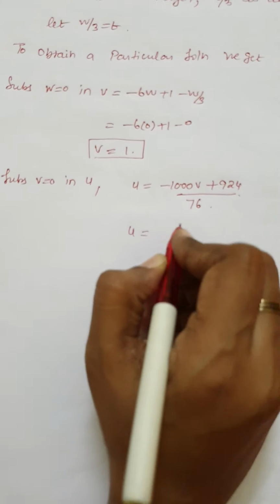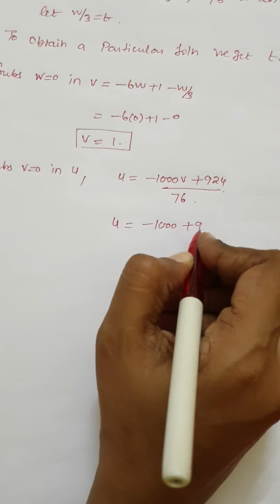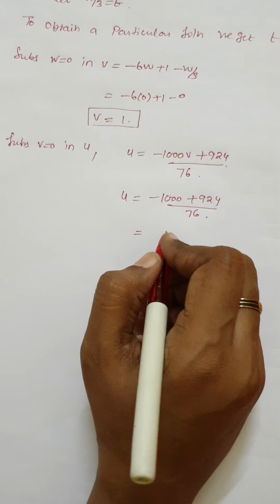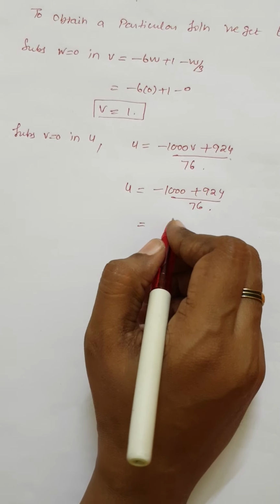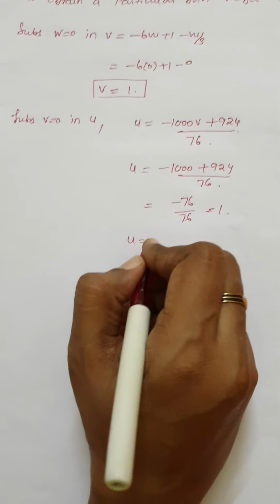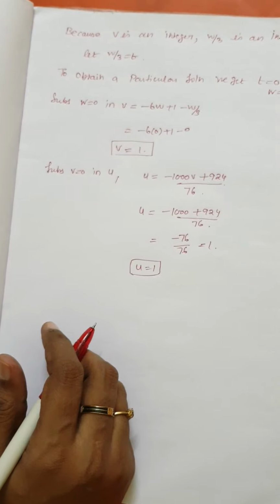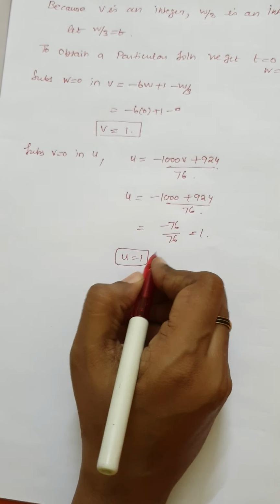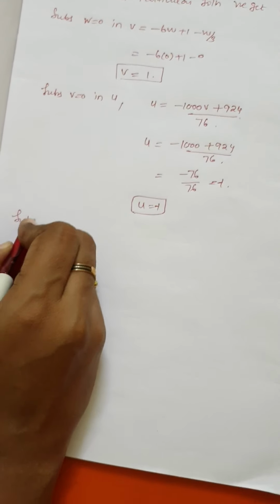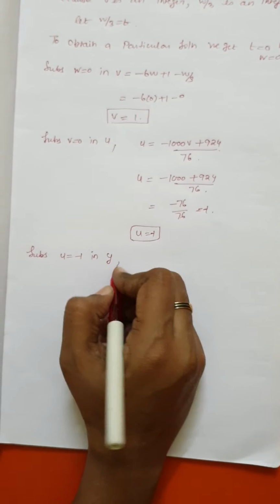Here you substitute v equal to 1. So you will get minus 1000 plus 924 divided by 76. After simplifying, you will get u is equal to minus 1. Similarly, substitute this u equal to minus 1 in y.